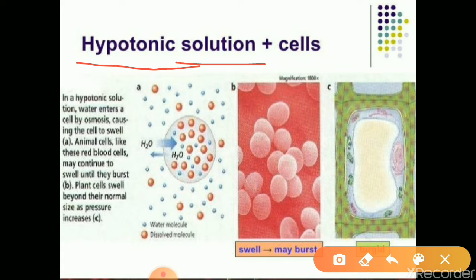By absorbing water from outside to inside. Because in a hypotonic solution, outside more water molecules are there, but inside the cell less. So water will move from outside to inside the cell. In this way it becomes turgid or swollen.